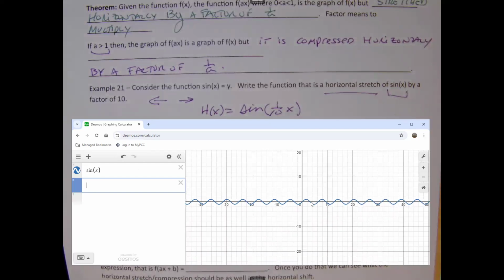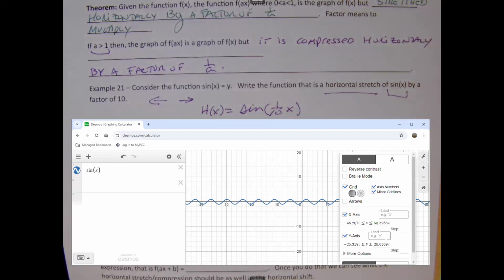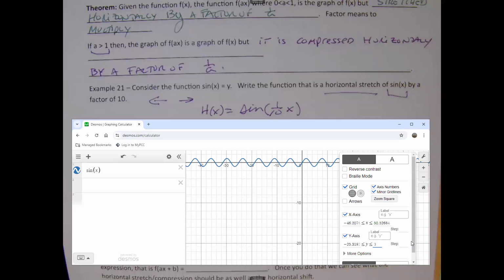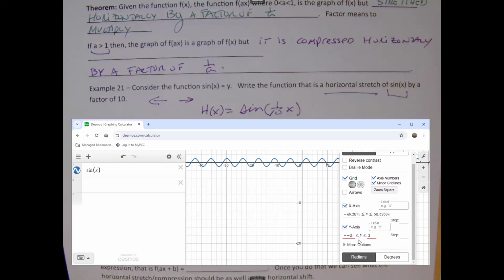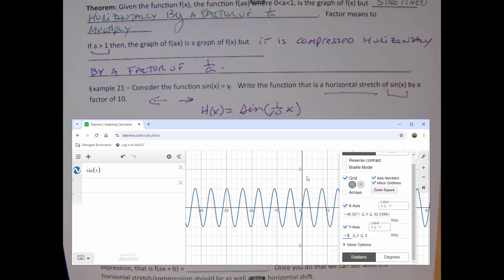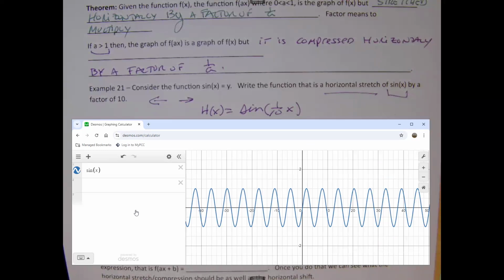It looks a little like a spring. Let me adjust the view so I can see it a little clearer. There we go. So there it is.